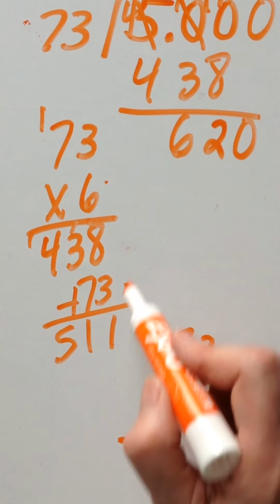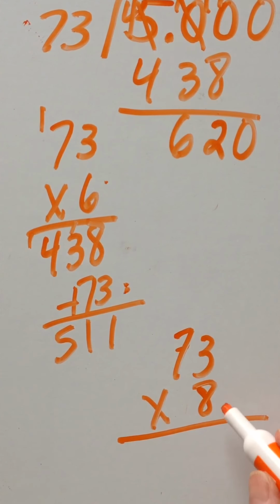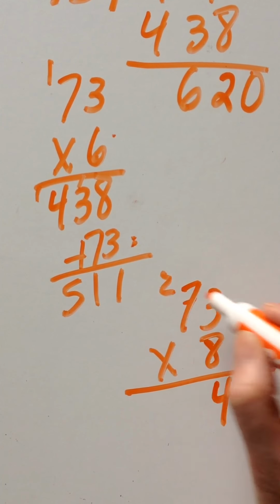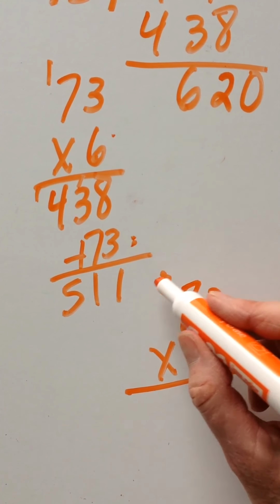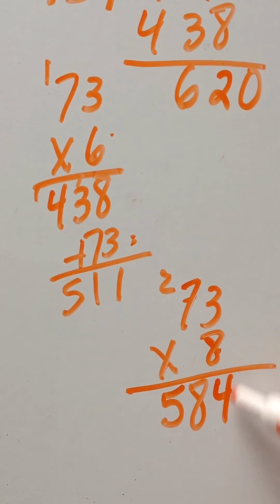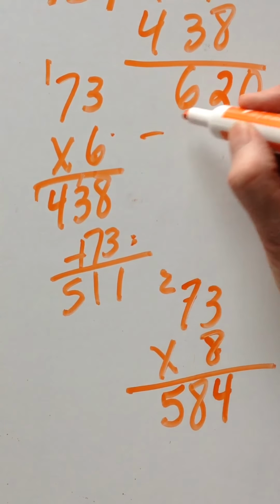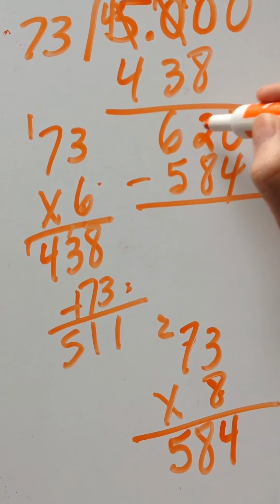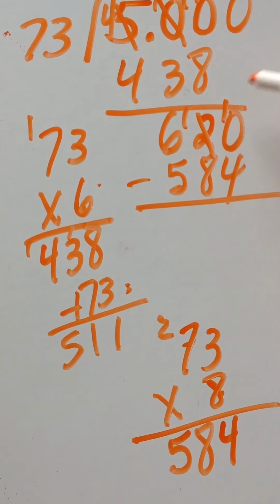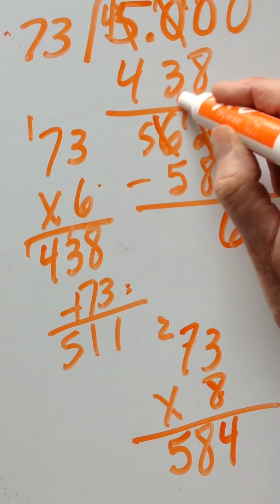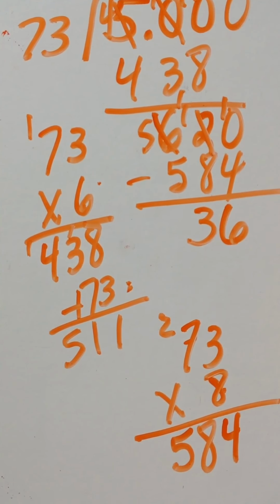Because this was 6 times, this was 7 times. So let's do 8 times. 8 times 3 is 24. 8 times 7 is 56, 57, 58. 584. Yeah, we're not going to get another 73. So minus 584. We're going to stop after this one, even if we're not going to get 0, obviously. 10 minus 4 is 6. 11 minus 8 is 3. All right, we're stopping there.